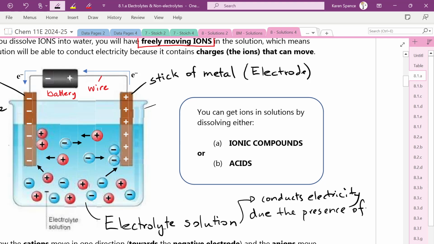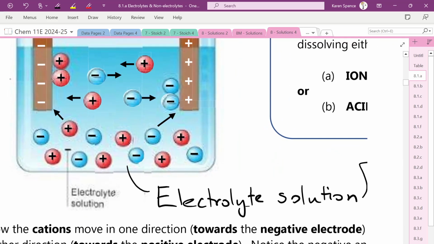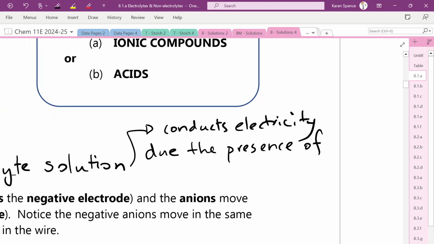Have a chat with your partner about that. What's in that beaker that's allowing electricity to be conducted? Ions, okay? And not just any old ions, but freely moving ions.